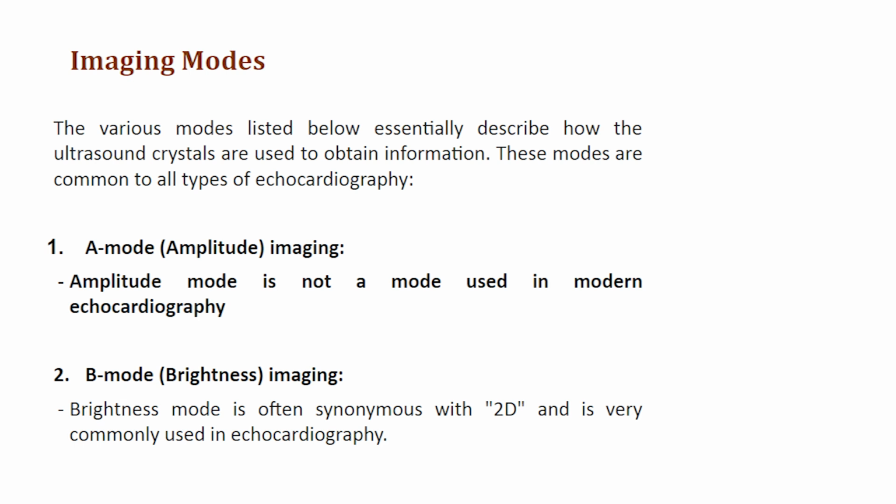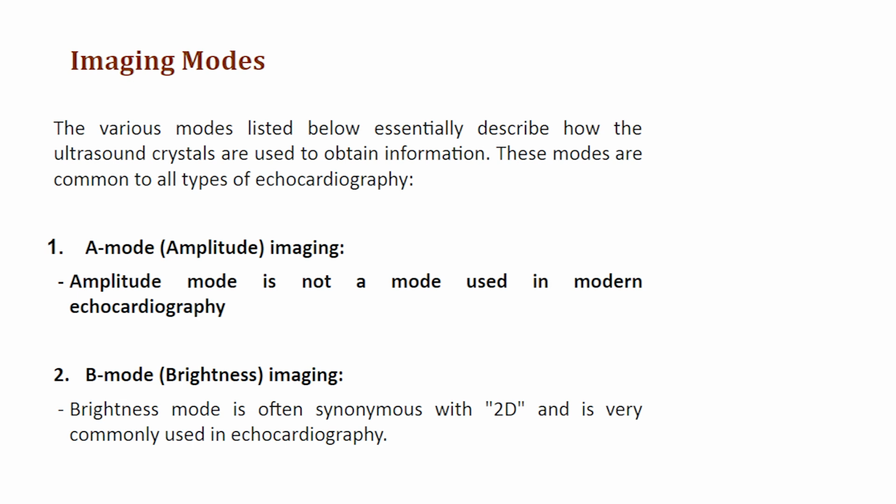Now coming to various imaging modes used in echocardiography. The various modes listed below essentially describe how the ultrasound crystals are used to obtain information. A mode, amplitude mode imaging. It displays the amplitude of a sample voltage signal for a single sound wave as a function of time.